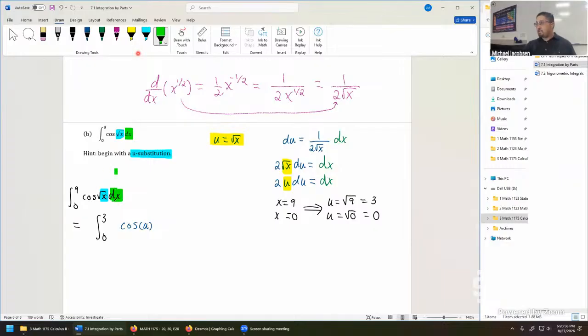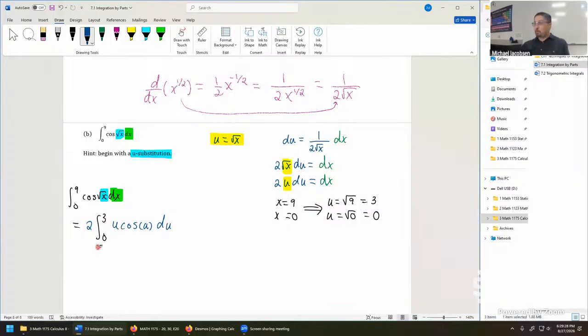And for the dx part, go back to our equation for dx. It involves 2u du. 2 as a constant can go way outside the integral. There it is. The u I just wanted to go in front of cosine. And then here's the du portion. So we've got u cosine u du. Double that integral from 0 to 3, and our work is done.